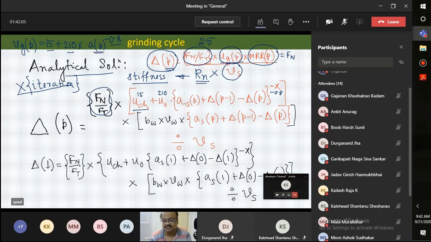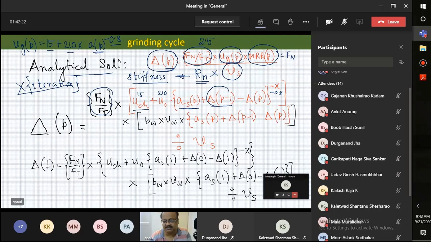This is A, whatever you have set in the previous pass, delta P minus 1. This information would be available to you. So this is a numerical value minus the deflection in this pass. So this is the deflection that you are trying to calculate, and it is also appearing here. So it is becoming a complex equation.